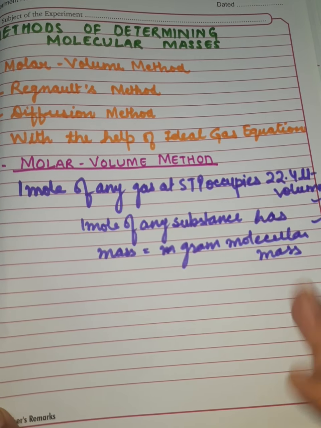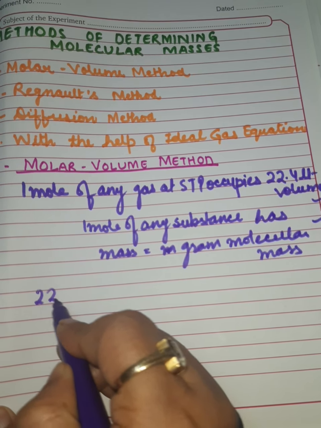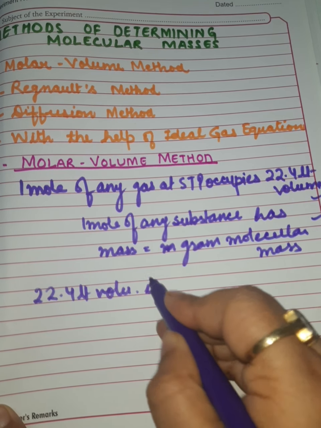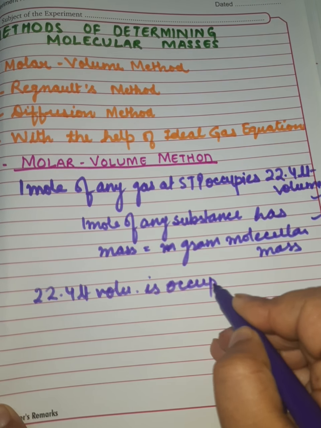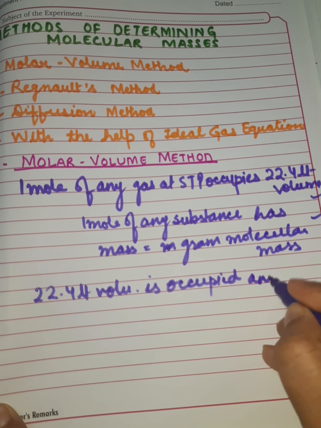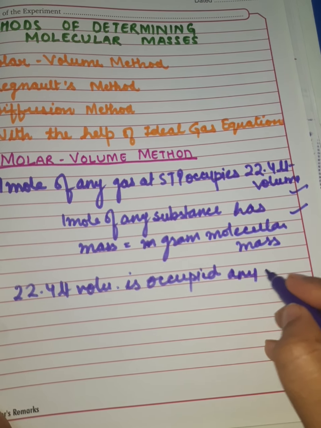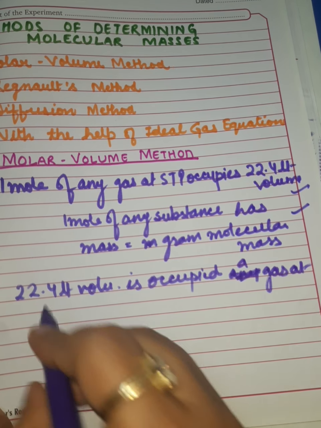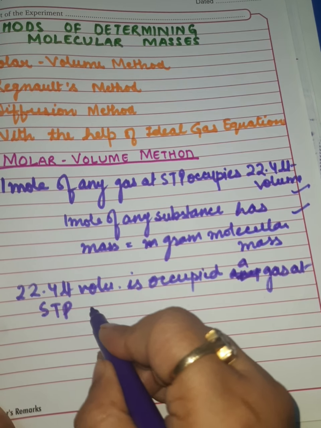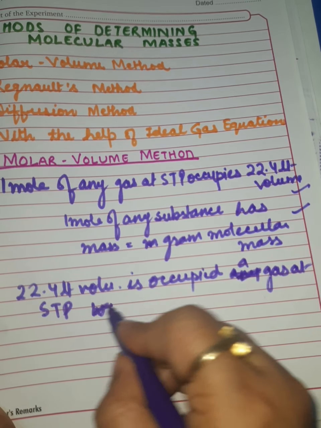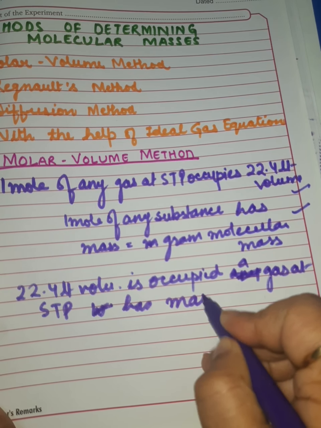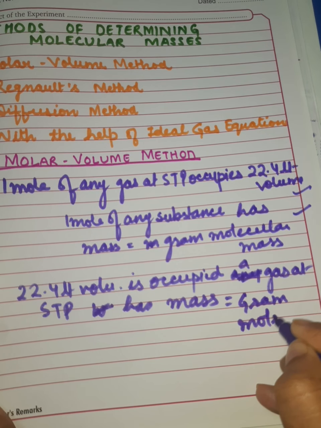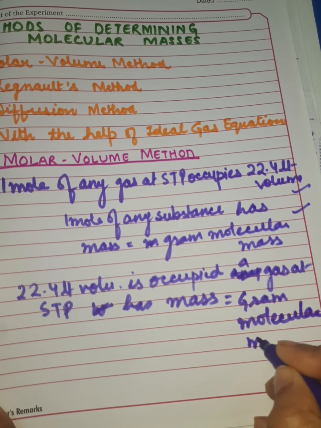Alright, now we can say that 22.4 liter volume is occupied by a gas at STP which has mass equal to its gram molecular mass.